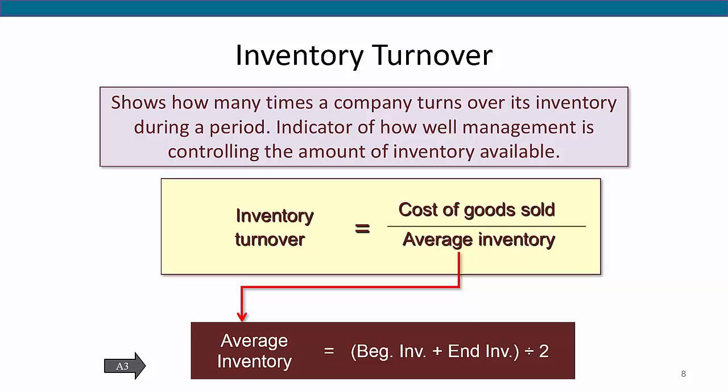Users apply inventory turnover to help analyze short-term liquidity and to assess whether management is doing a good job controlling the amount of inventory available. A low ratio compared to that of competitors suggests the inefficient use of assets.